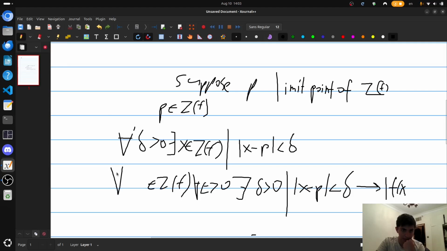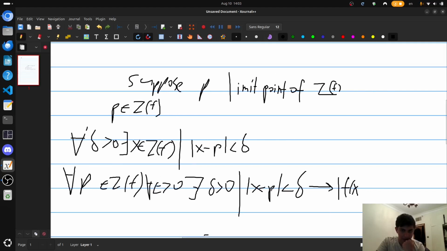For all p in z of f, we have x minus p less than delta implies f of x is less than epsilon, because f of p is equal to 0. Let's write this: f of p equals 0. Right.